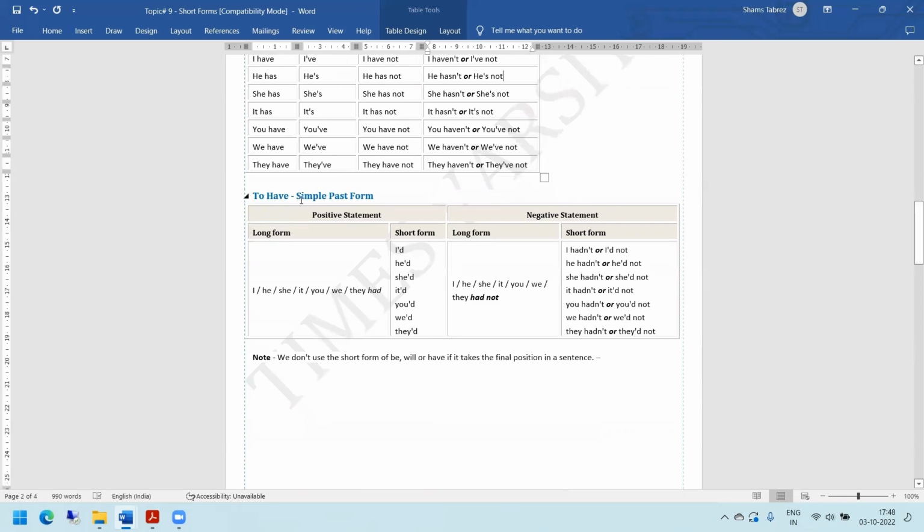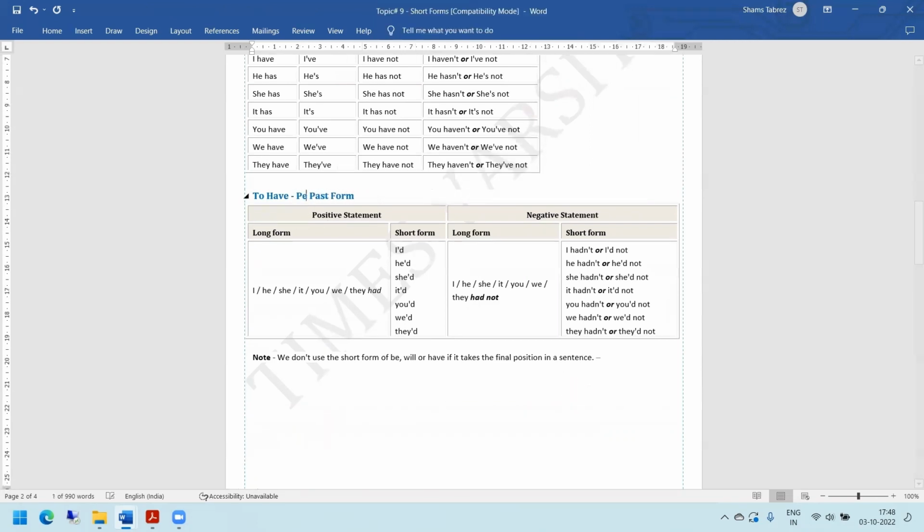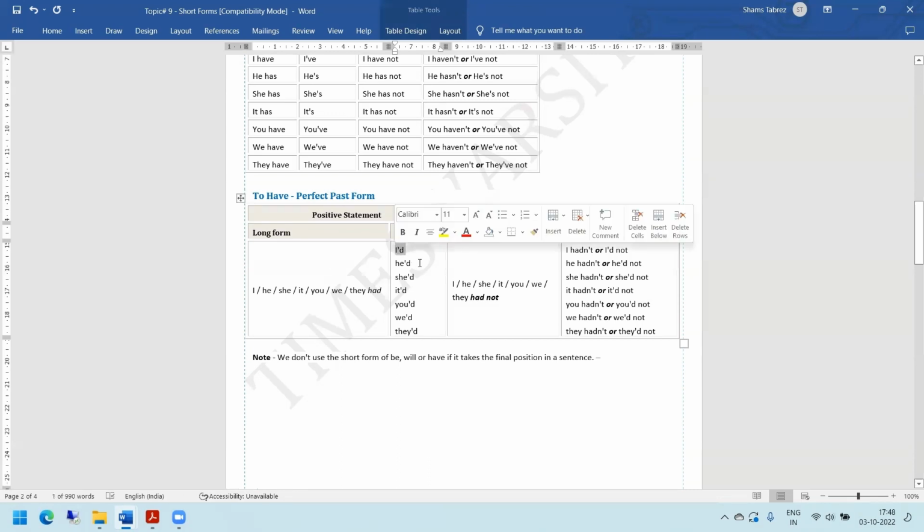Now let's see in perfect past form, where we use helping verb had. So I had, he had, they had. All right. So we can use short forms for positive statements, like instead of I had, you can use this form. He had. Short forms of she had, like this.